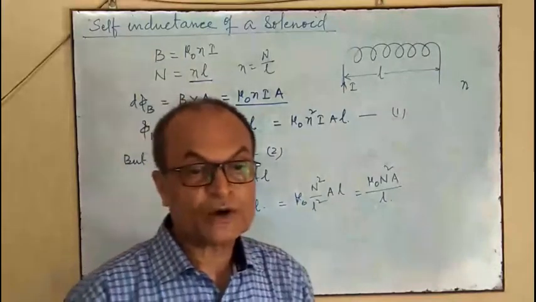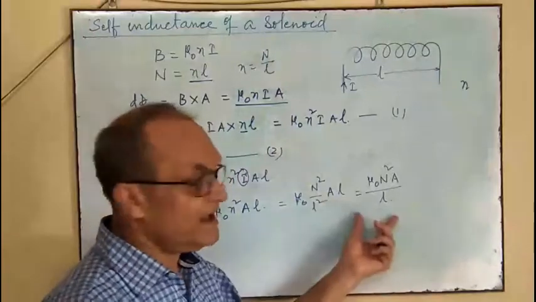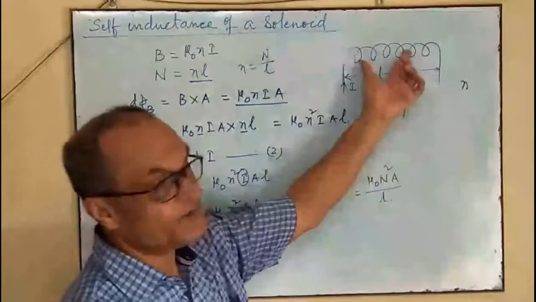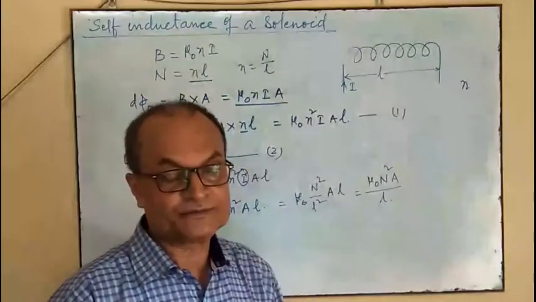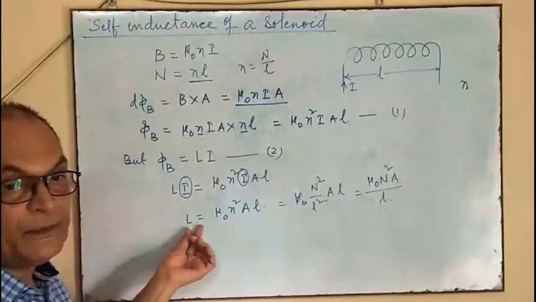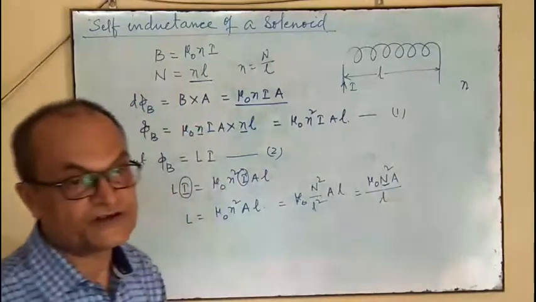So on the basis of this, the self-inductance of an air-cored solenoid, that means a solenoid kept in air or vacuum, depends upon the number of turns.